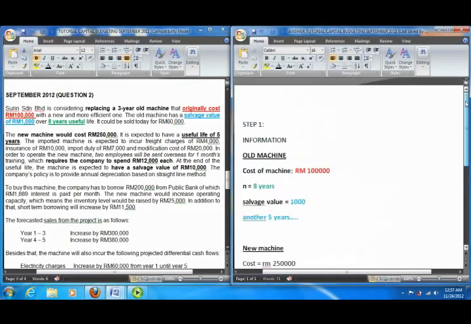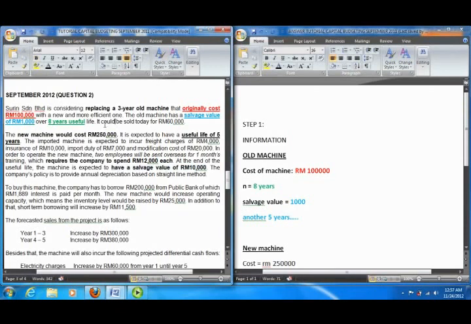Alright. That is your first step, class. Information. First, extract information for your old machine. So you must extract all the information from the question and list it out in your answer script. Cost of machine 100,000. An old machine has a salvage value of 1,000 and 8 years useful life. And you have another 5 years to go.